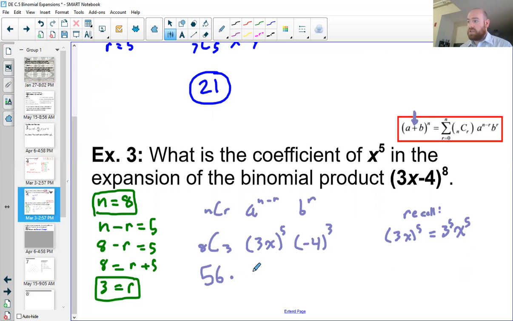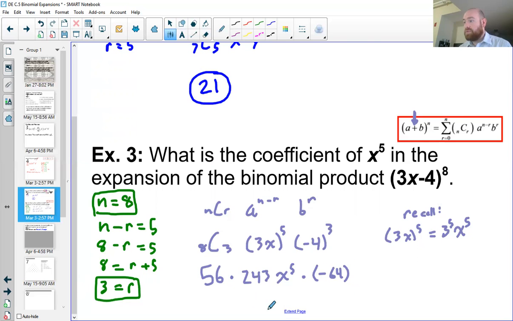So 3 to the 5th power is 243 times x to the 5th times negative 4 to the 3rd power. It's going to be negative 64.